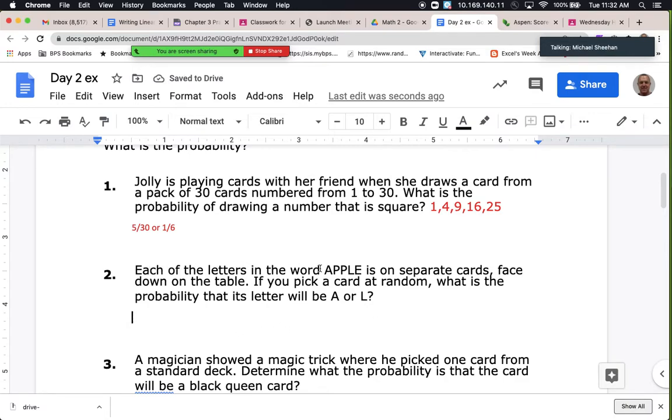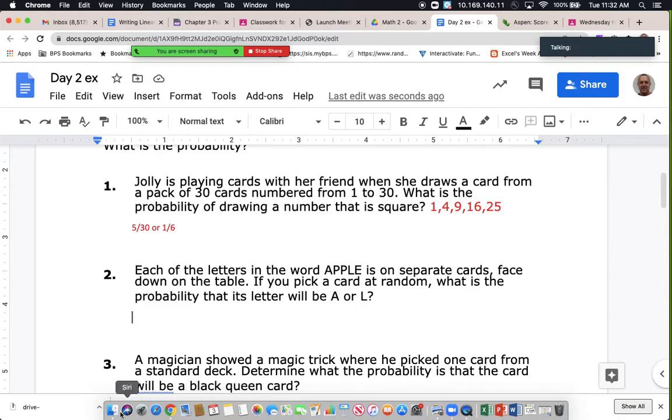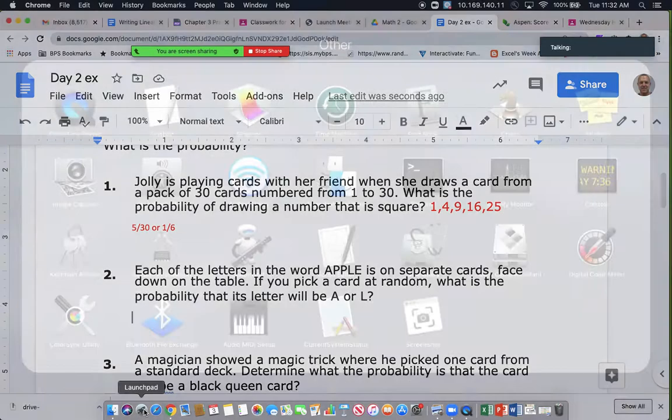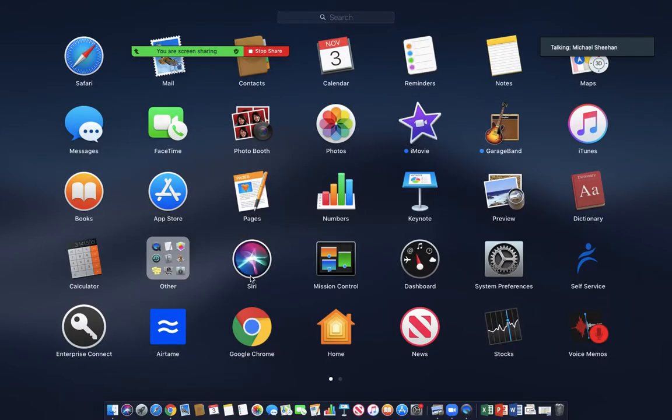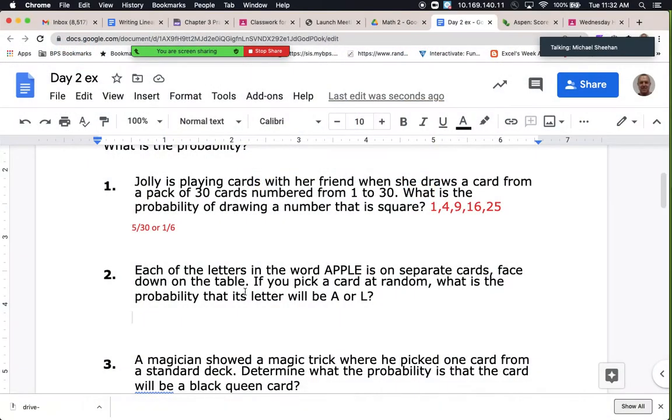Each of the letters in the word apple is on a separate card, face down on the table. So how many cards do we have? If we have each of those letters on a card, face down on the table, how many cards do we have?